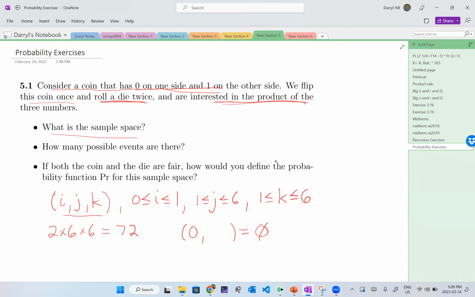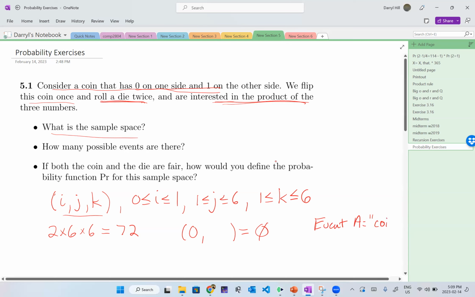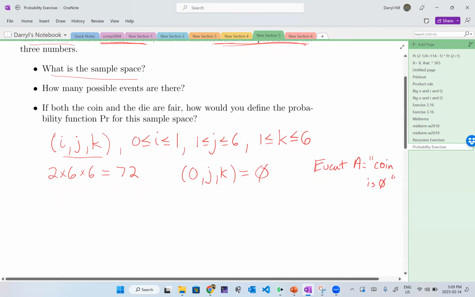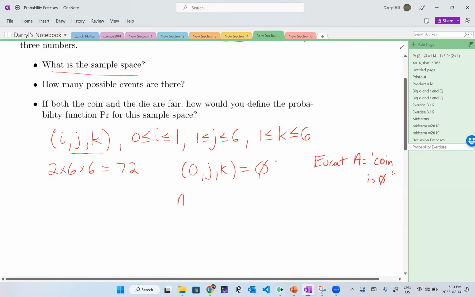So if I count all of the elements in this, let's call this event A, equals coin is 0. Then I have 1 choice for my first element, which is 0, 6 choices for my first die roll, and 6 choices for my second die roll. So the size of A is equal to 1 times 6 times 6, which is 36.